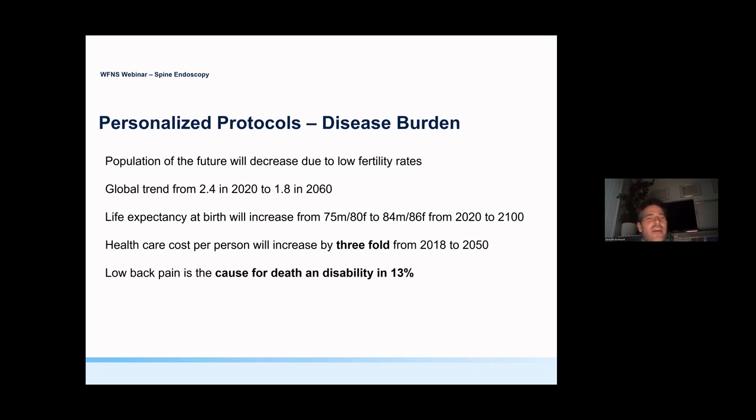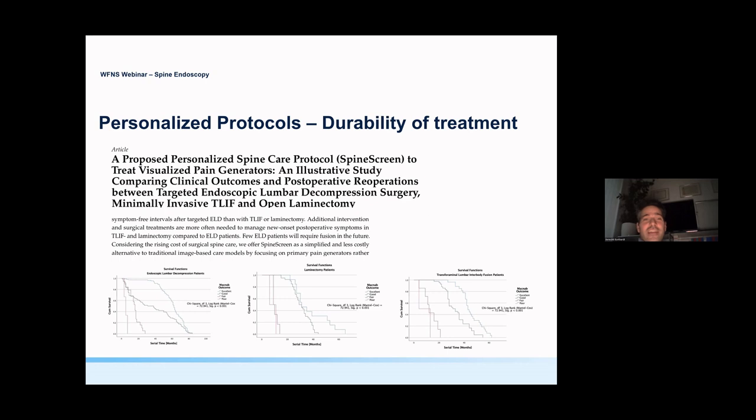So for the future, we need protocols, and we need good data where we can state which kind of patient can profit from a surgery, first of all, and what can then be expected later on.